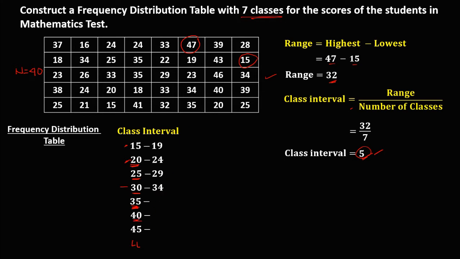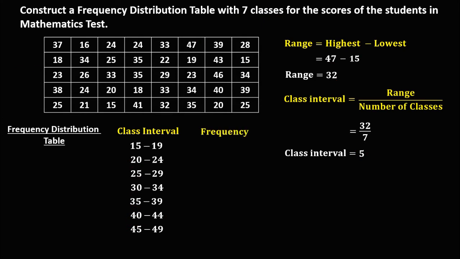Then 40, so the upper limit is 39. Then 44 plus 5 for the last class, so the upper limit is 49. These are the upper limits of the 7 classes.